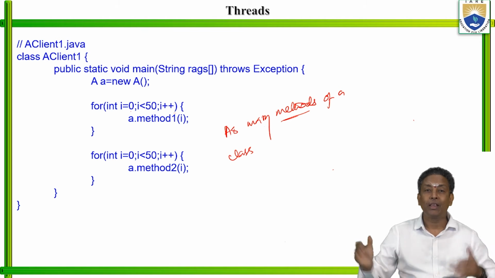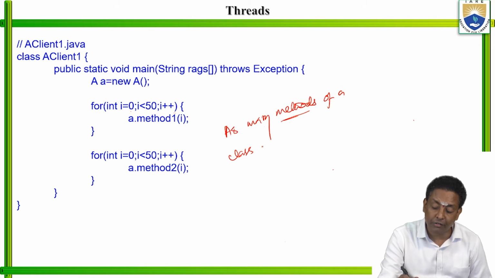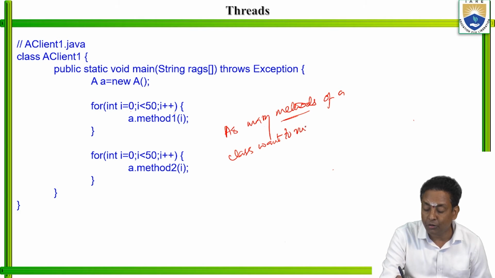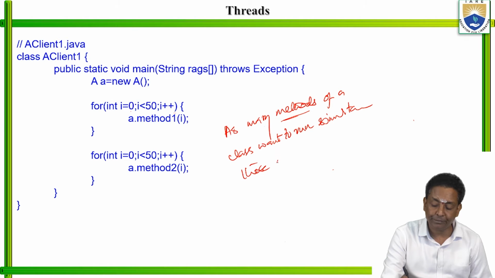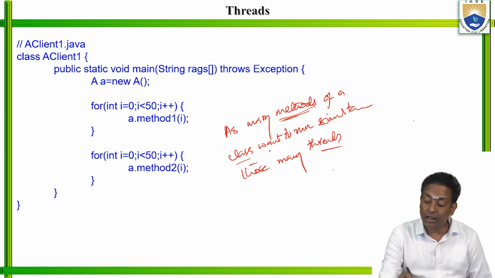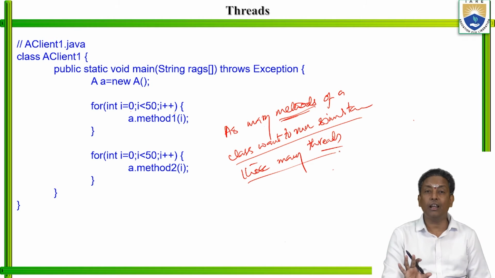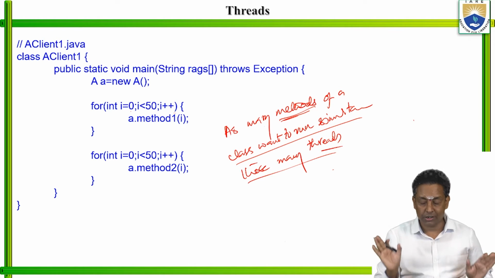Suppose a class contains 100 methods, we don't write 100 threads. As many methods of the class want to run simultaneously, we need to write those many threads.